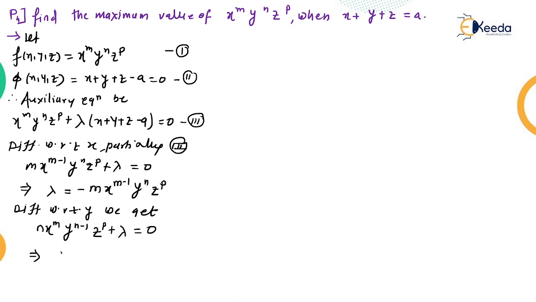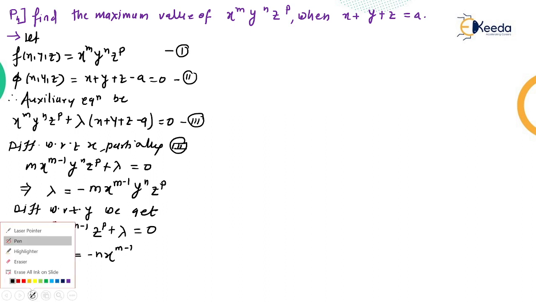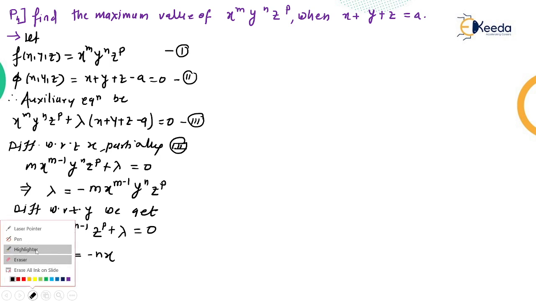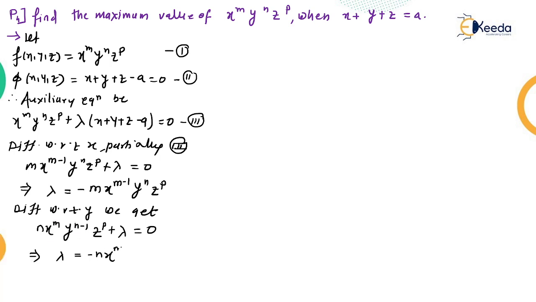Therefore from this we get the value of lambda. Lambda is equal to minus n into x power m as it is, since this is differentiated only with respect to y, so x power m and y power n minus 1 and z power p. For reference we call this equation number 4 and this equation number 5.